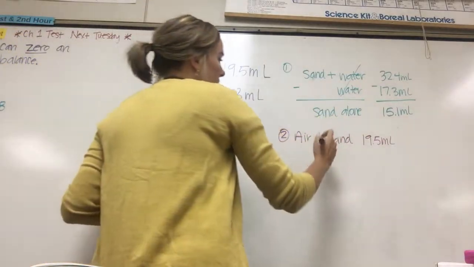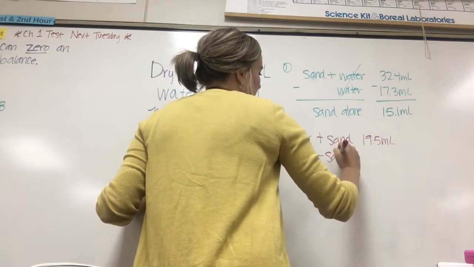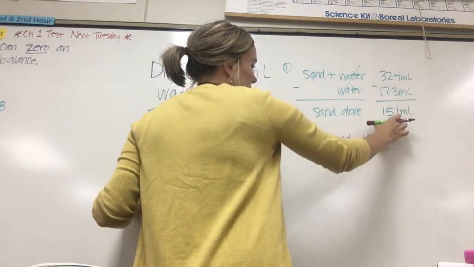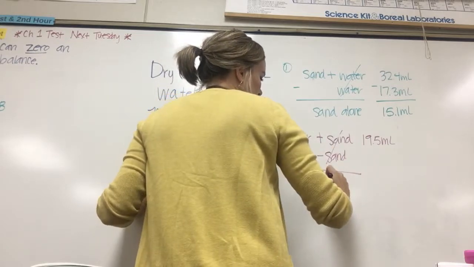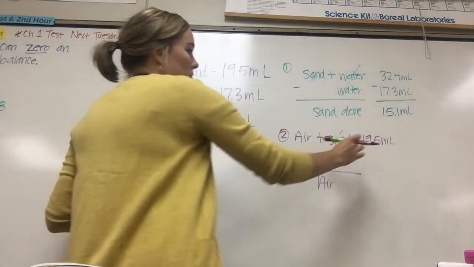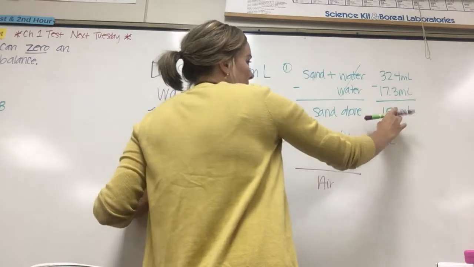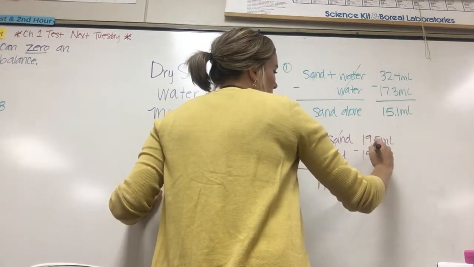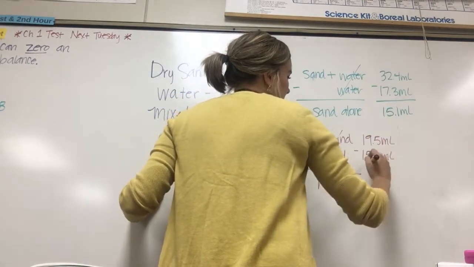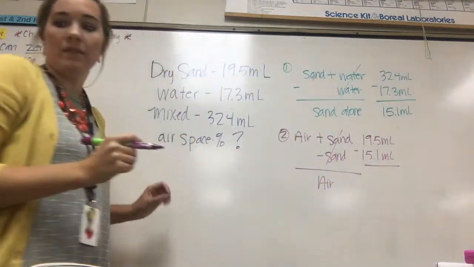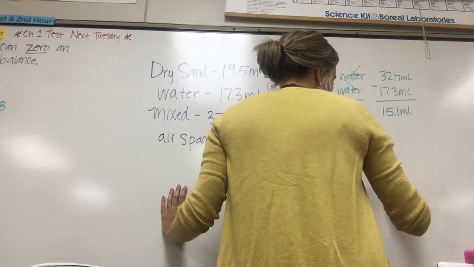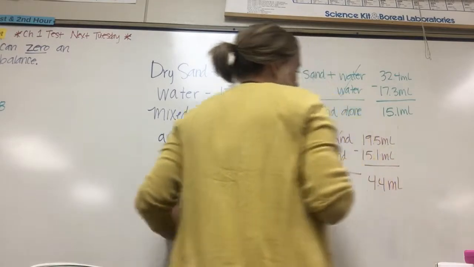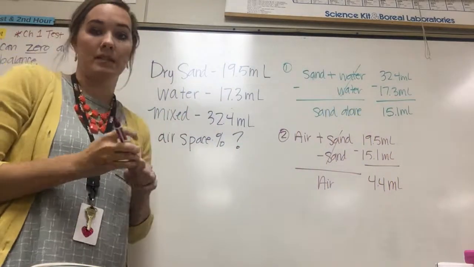Now we can subtract the sand particles that we found, and then these will kind of cancel, and we'll be left with just air. So 19.5 minus our 15.1, and that will leave us with 4.4 milliliters of air. That's step two.